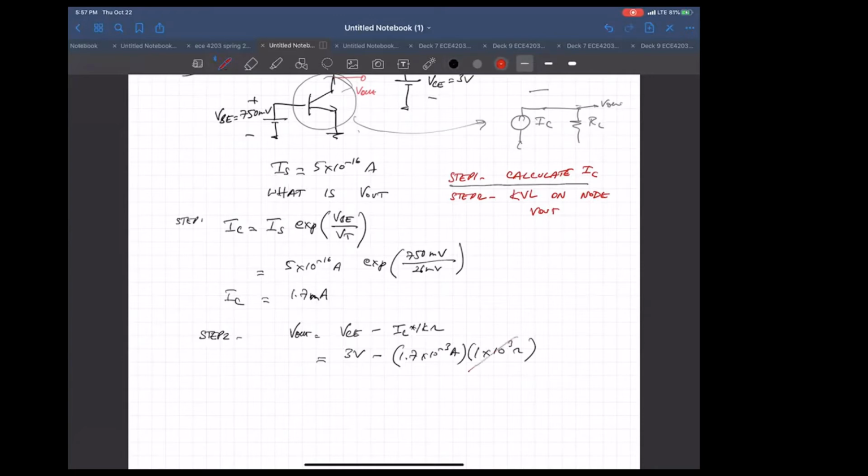So these guys knock each other out. So it's just 1.3 volts. So V out is 1.3 volts.